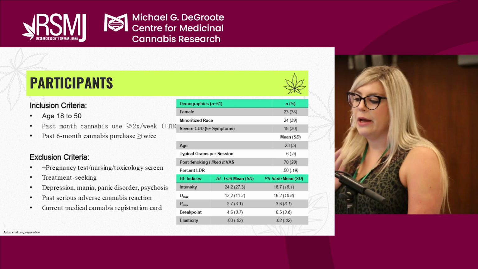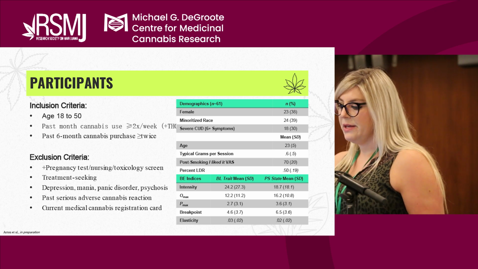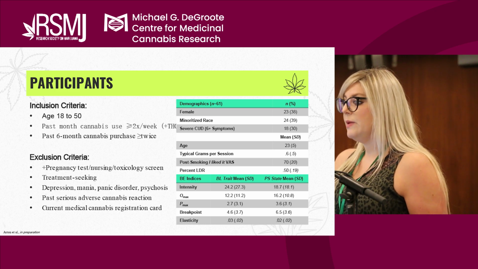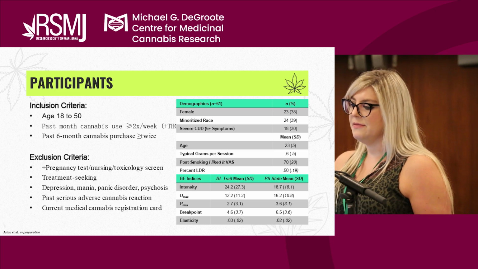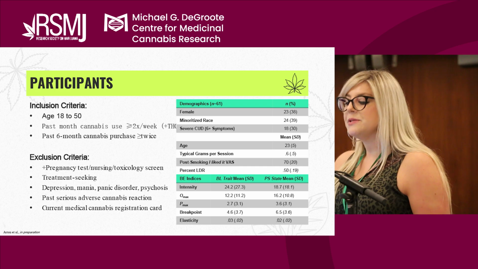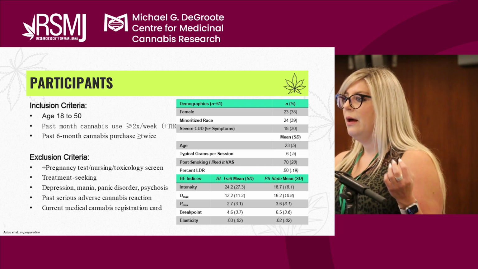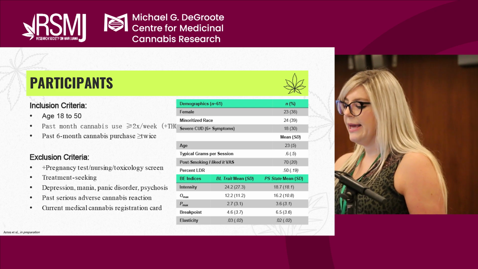Our inclusion criteria were that individuals had to be 18 to 50 years of age. They did have to endorse cannabis use at least twice a week in the past month, but we confirmed that with the positive THC test. They also had to report cannabis purchasing just because of the behavioral economic indices that we were really interested in looking at.